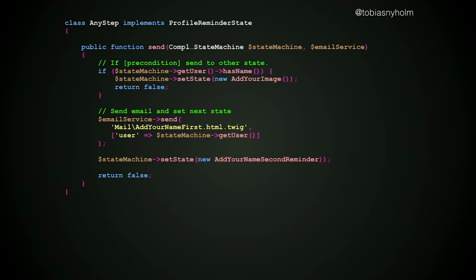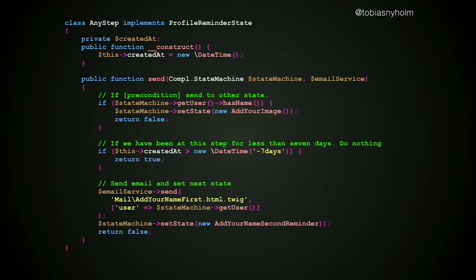And I also have to do some trickery to not send out every email at once. So I gotta make sure that I have some spacing between them. So if I have been in this state for a week, then I send another email. Make sense? So this is pretty much what I do for every state.